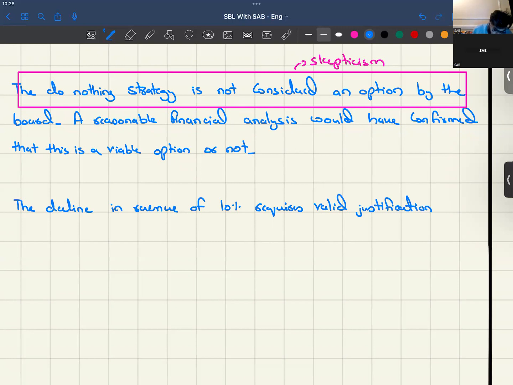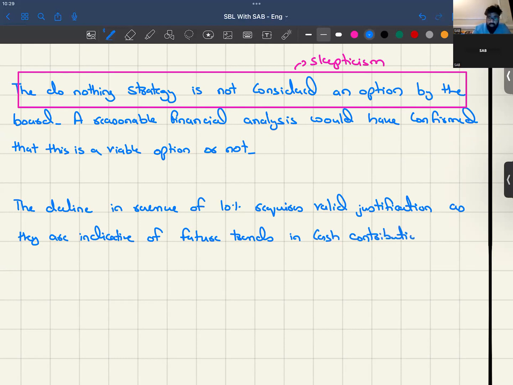As they are indicative of future trends in cash contribution. They are indicating the cash, right? So they require valid justification here.